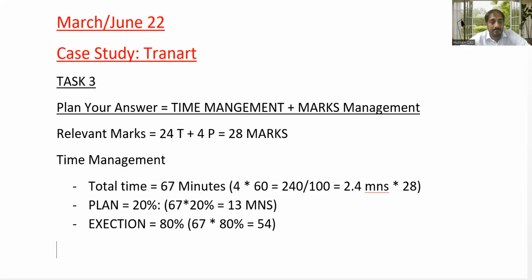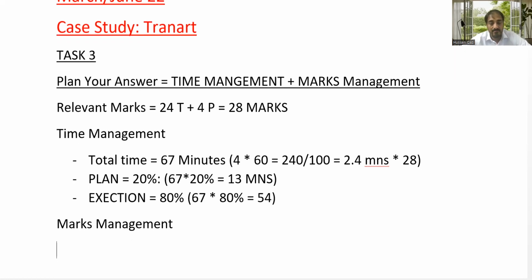Now the next point: what about marks management? Marks management means you have to think about what and how much to write.